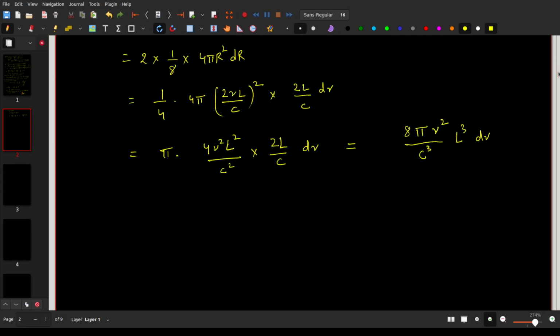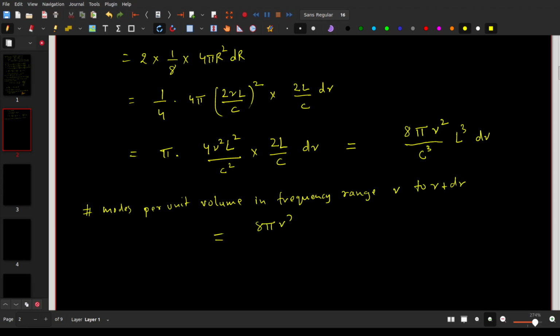So if we divide both sides by the volume, we can write the number of modes per unit volume in frequency range nu to nu plus d nu equals 8 pi nu square by c cube d nu, because we have divided both sides by the volume L cube.